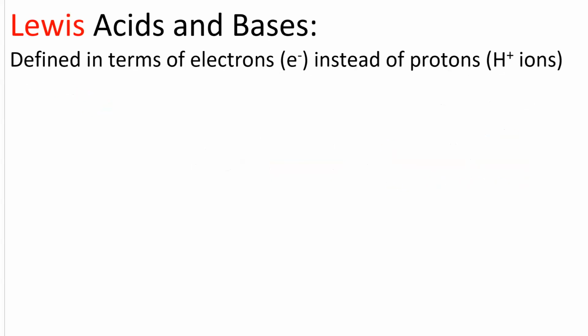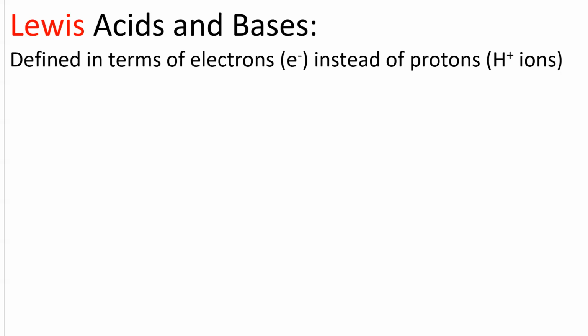There are some compounds that don't contain any hydrogen ions, and yet they're capable of acting as acids. So, we need the Lewis definition of acids and bases for this. All compounds have electrons, so we define Lewis acids and bases in terms of electrons.